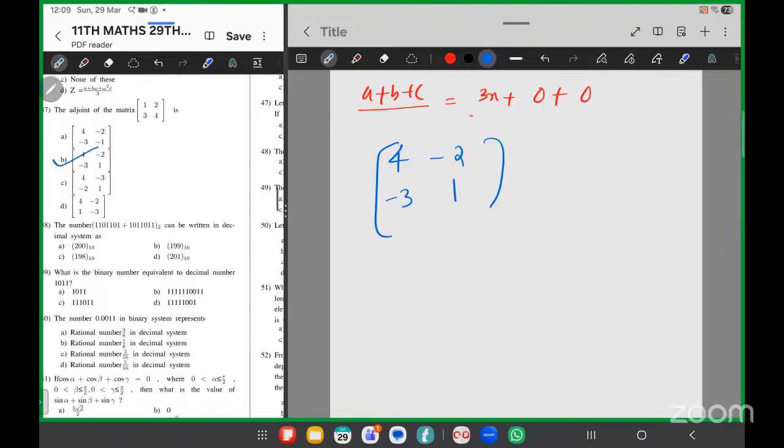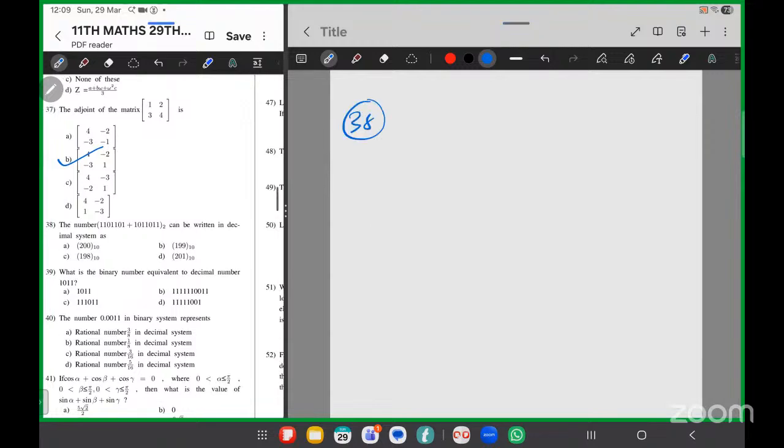Question number 38. The number can be written in decimal system. 1 1 0 1 1 0 1 1 1 0 1 1 1 1.